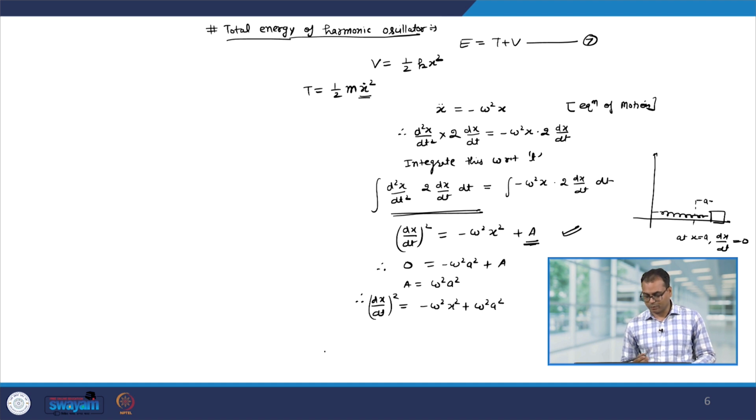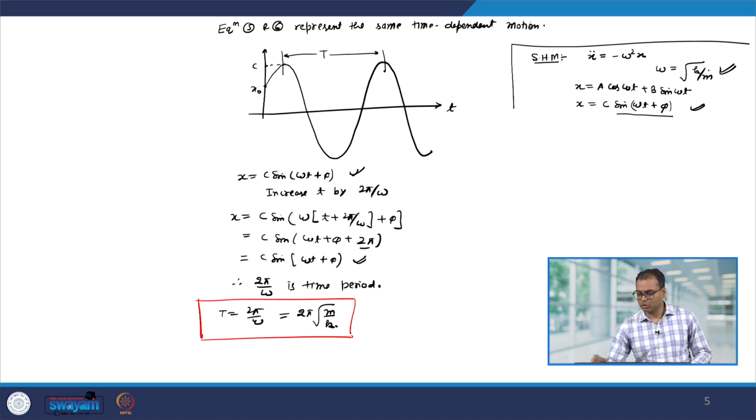Okay. So, x dot square, this I can put over here to find out the kinetic energy. So, T becomes half m into omega square, I can take as a common factor, a square minus x square. Okay. And what is m omega square?